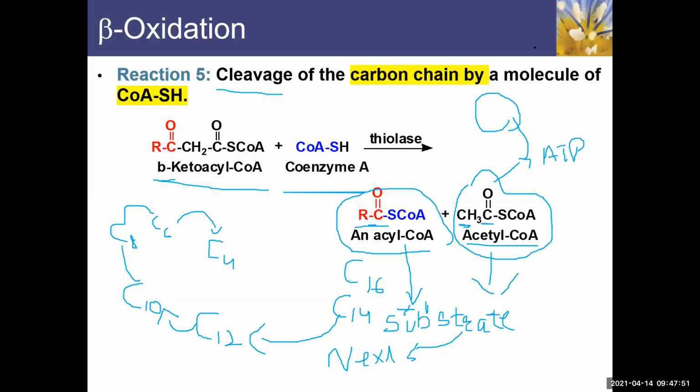And every time an acyl CoA is formed, you have to remember that it contains two carbons less than the original acyl CoA we started with. This will continue till the fatty acid is completely oxidized, and at the end we will have two molecules of acetyl CoA. At that time we will not have acyl CoA. In the last one we will have two molecules of acetyl CoA.